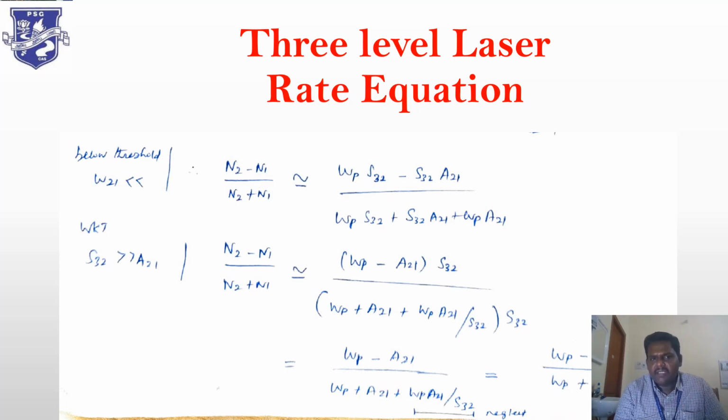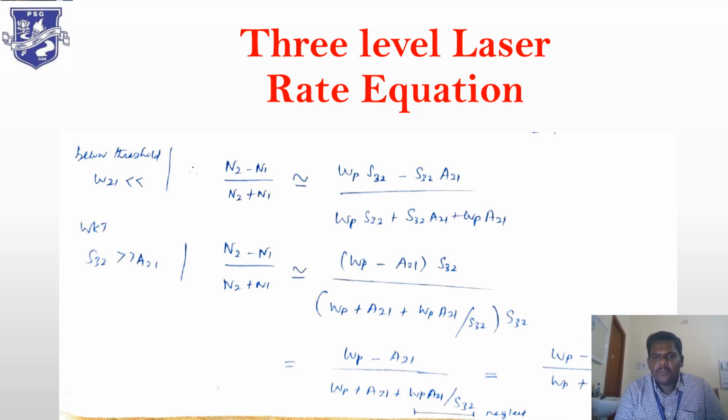We know that the spontaneous emission helps us to achieve a non-radiative transition that is much higher compared with the transition from A2 to A1. So applying this, this particular term is going to be neglected. Finally, we end up with WP minus A21 by WP plus A21.